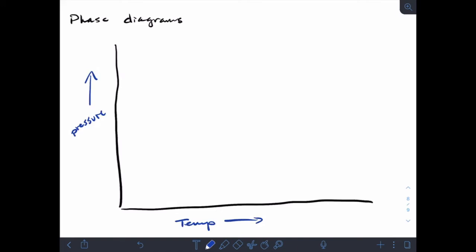Okay. So my phase diagram is going to be divided up into three areas: solid, liquid, and gas. So we're going to come out this way, and we're going to come this way. All right, and in the center, we have a dot, and at the end of this line, we have a dot.